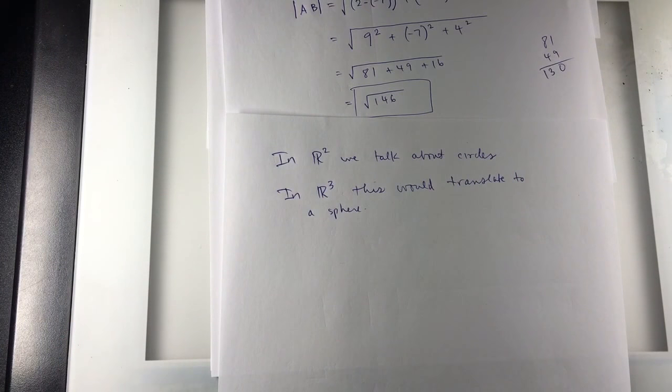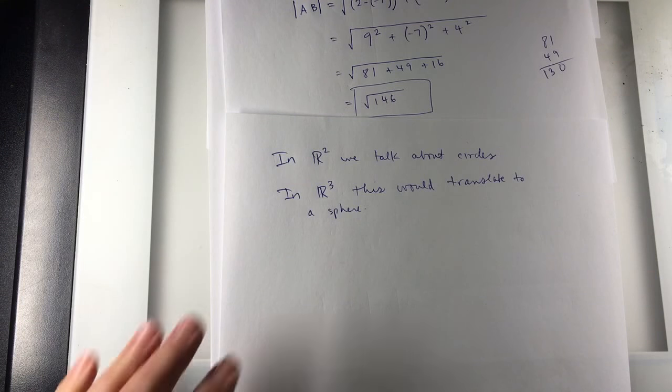where the definition of a sphere, you have a point in the center, and the sphere is the set of all points that are equidistant from that center point.